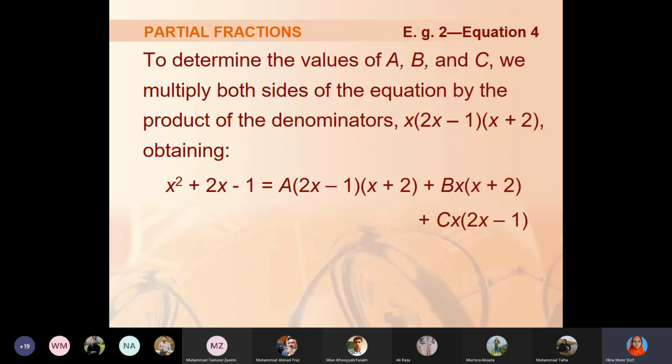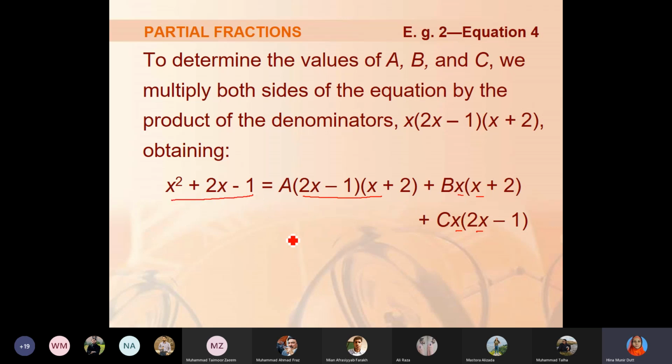Now I have a polynomial of degree 2 on my left hand side and a polynomial of degree what? Let me check. Over here I will get 2, maximum 2. X multiplied by this polynomial, and this is again a degree 2. So I have a polynomial of degree 2 on the right hand side. Now the two polynomials are equal.